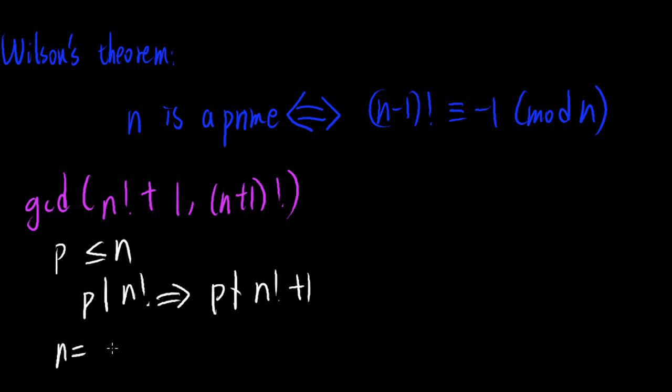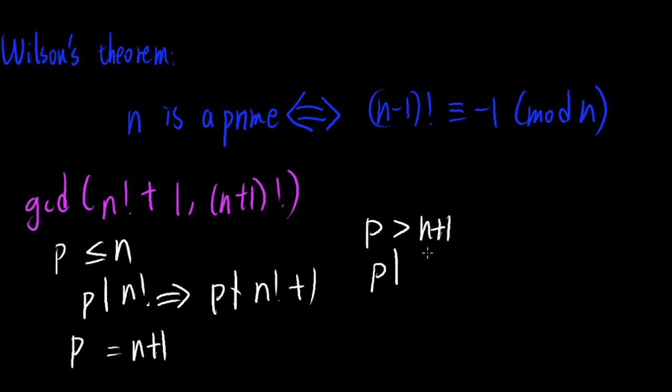So we can consider a p that is greater than n plus 1, because we know that if p is greater than n plus 1, then p cannot divide n plus 1's factorial, right? So the only possible case is p is equal to n plus 1.